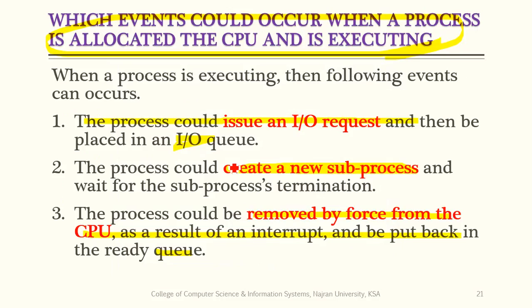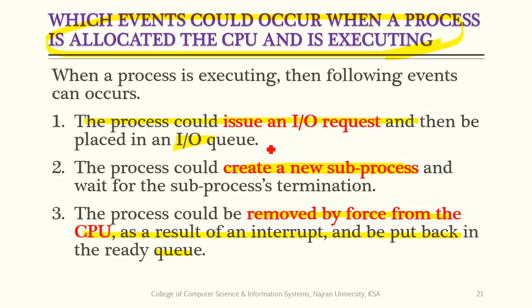Okay, so we have three things. Whenever the process is in execution mode, maybe the first one is that the process requests an IO device, and then it is sent to the IO queue until the request is fulfilled. When the request is fulfilled, it is moved back to the ready queue.